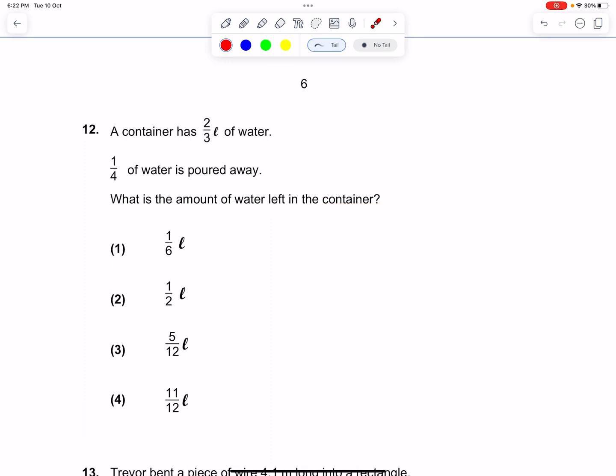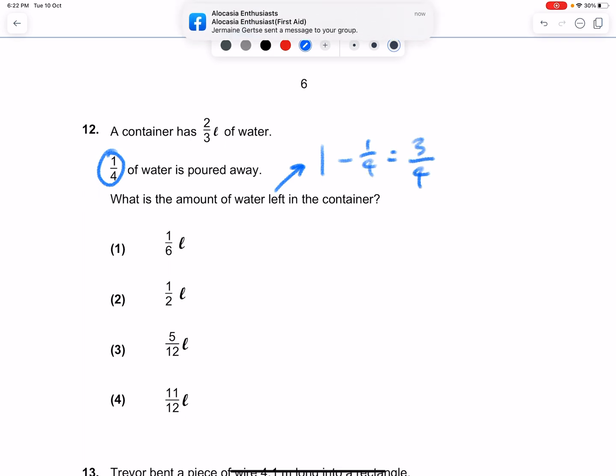You first need to find out the fraction of water that is left. Since 1/4 of it is poured away, we can find out by having 1 subtract away 1/4. The answer is 3/4 of the water is left in your container. Okay.